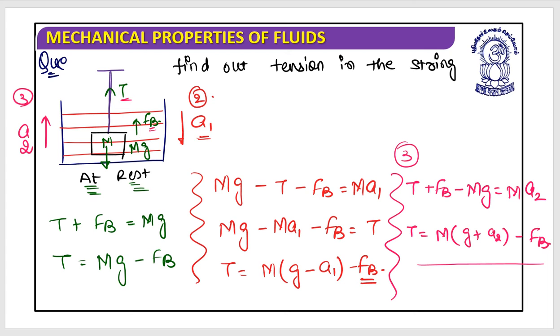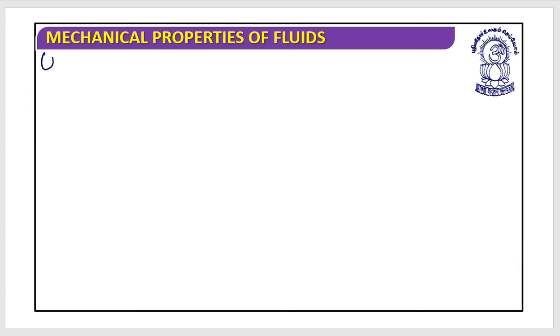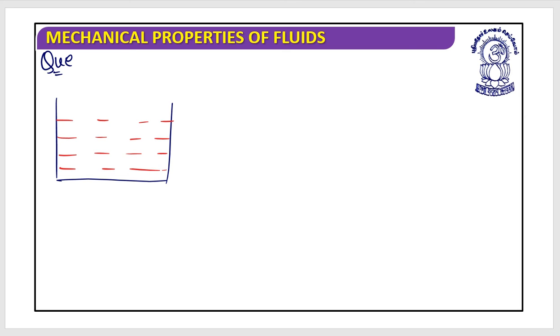The same kind of question can be asked like this. Suppose this is the container, and this container is filled with the fluid. It is something like this. And now this is the object, and this is the string.